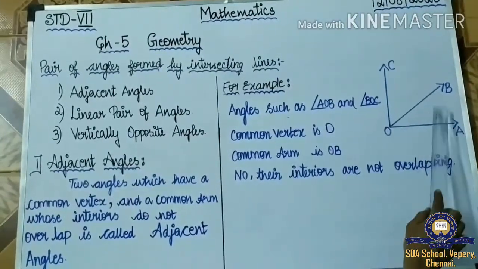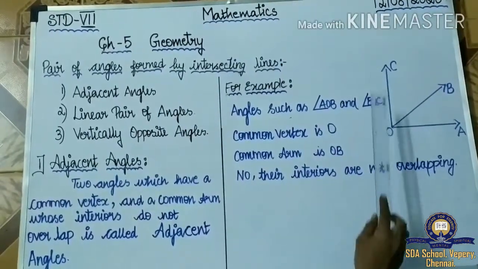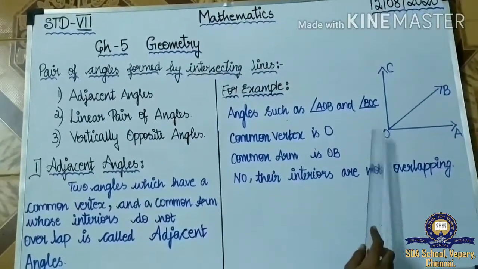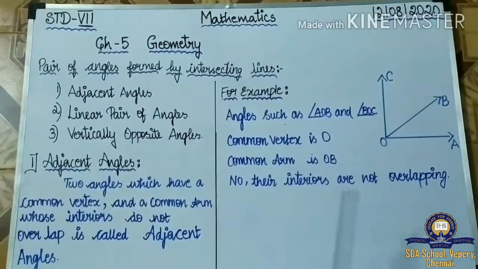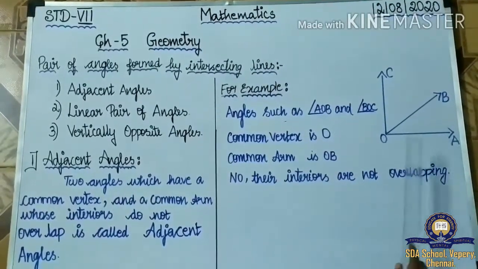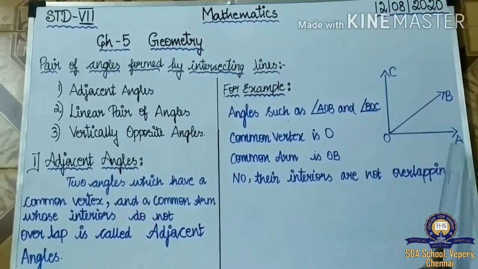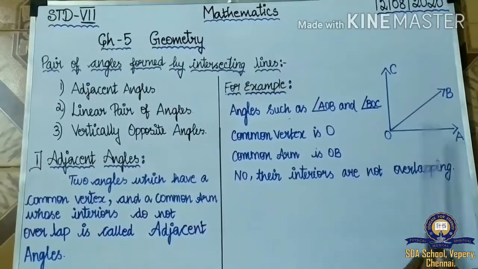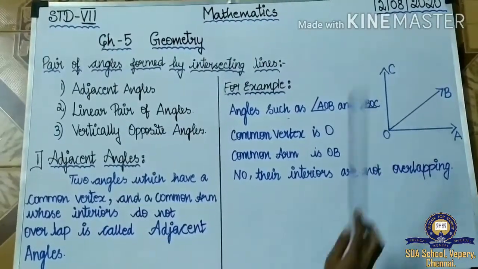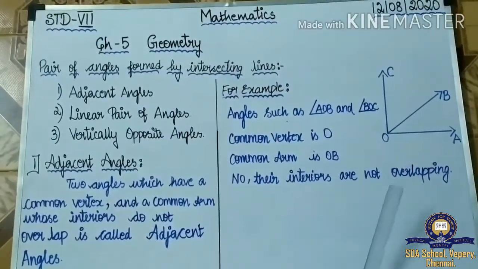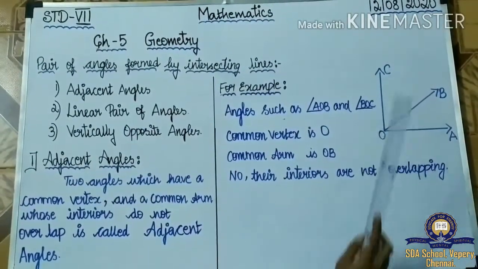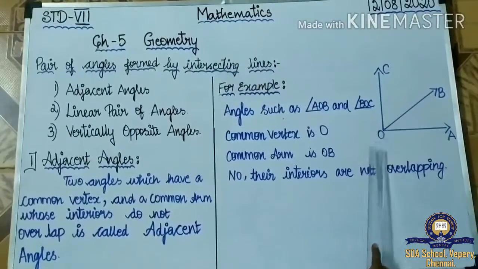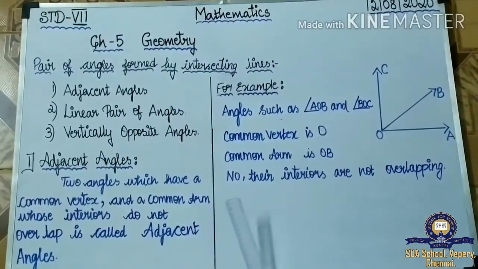For AOB and BOC, the common vertex is O. Here, how many arms are there? There are OA, OB and OC. The common arm for AOB and BOC is OB.